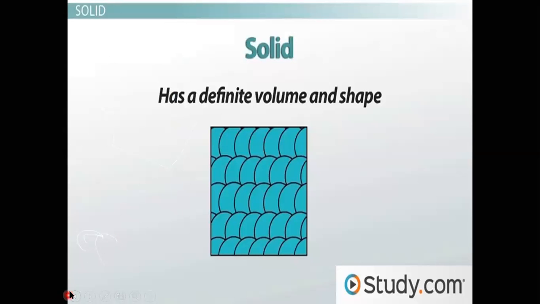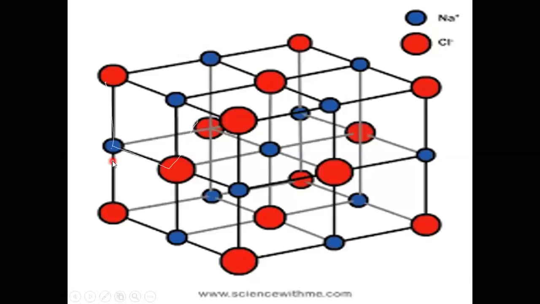So this is the representation of the solid state. You can see every Na is surrounded by Cl, and every Cl is surrounded by Na. This is the representation for the particles in the solid state.